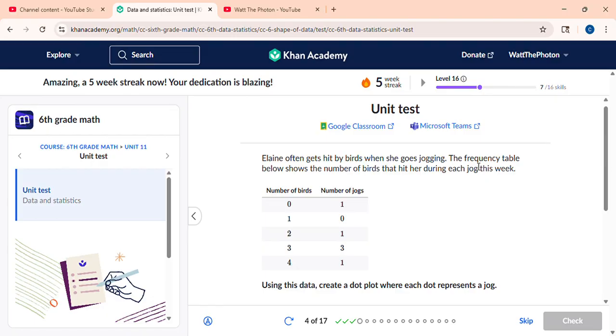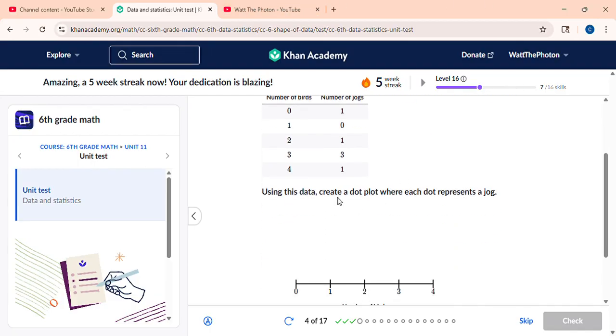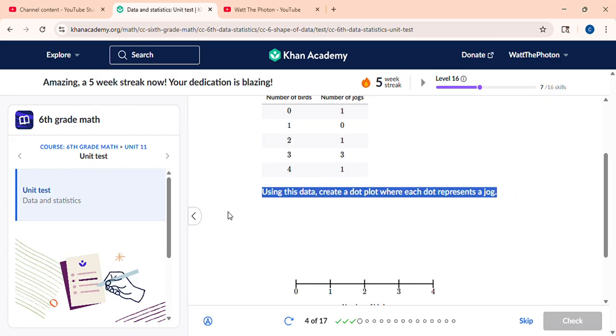Elaine often gets hit by birds when she goes jogging. The frequency table below shows the number of birds that hit her during each jog this week. Using the data, create a data plot where each dot represents a jog.